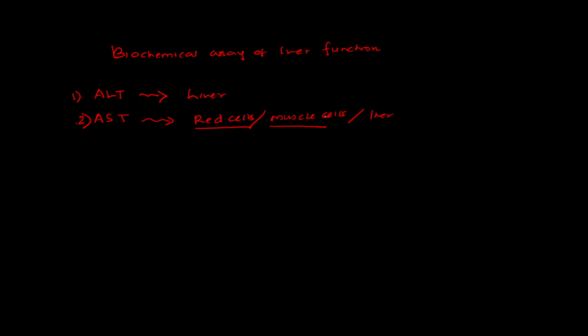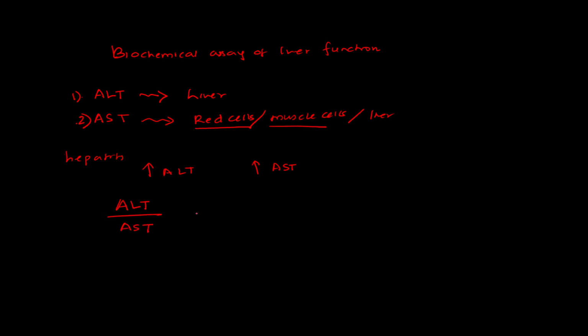Now, the problem is a patient who is having a liver issue or a hepatitis will have both high ALT and AST. The parameter that we use to identify hepatitis from other tissue damage would be a ratio, the ALT to AST ratio.